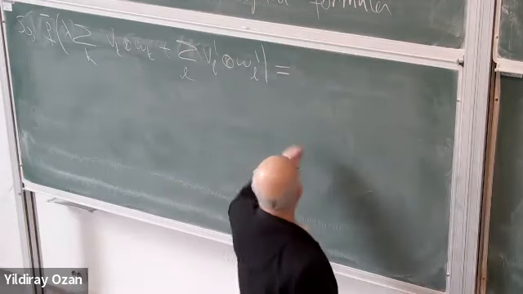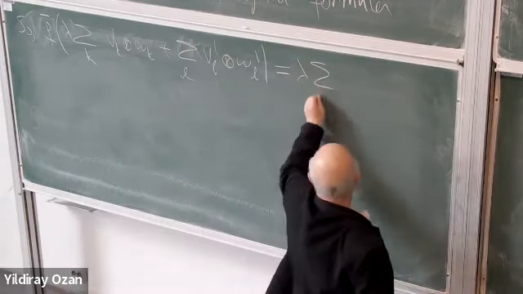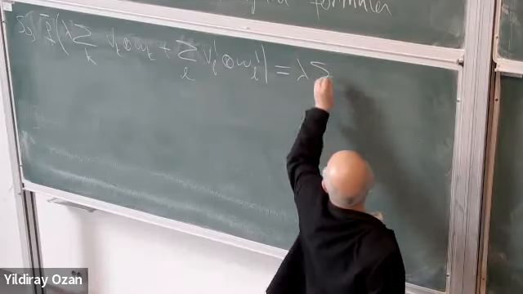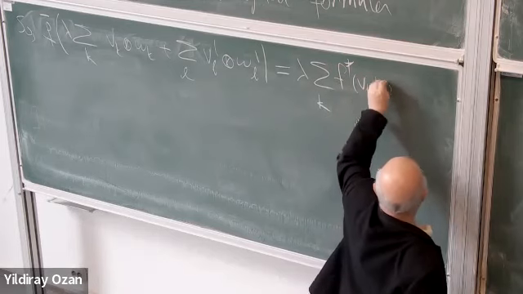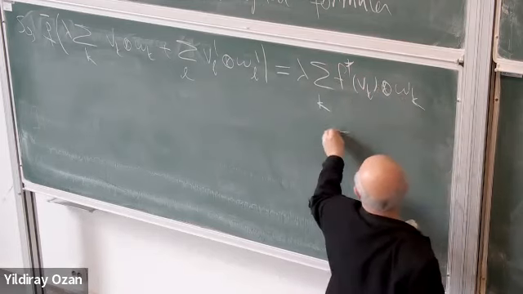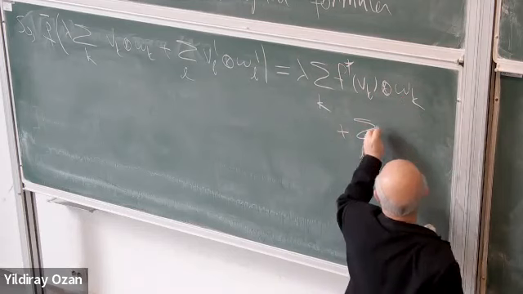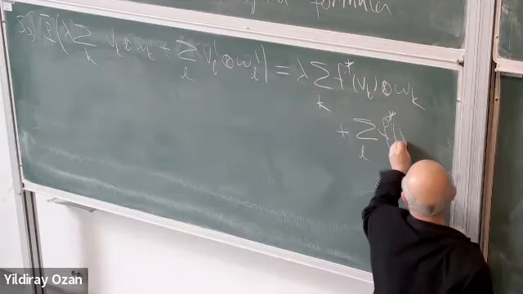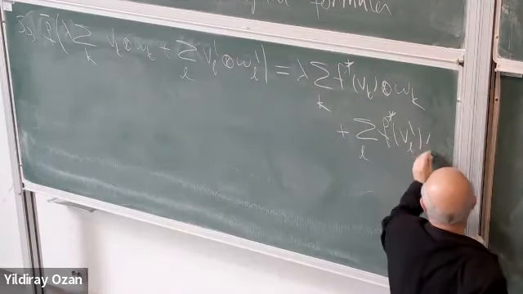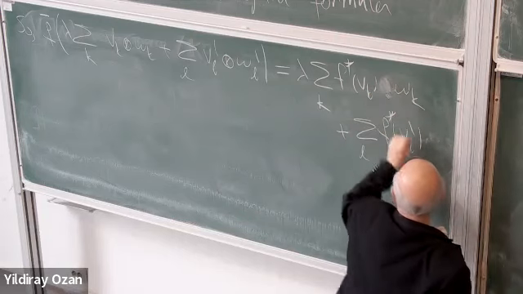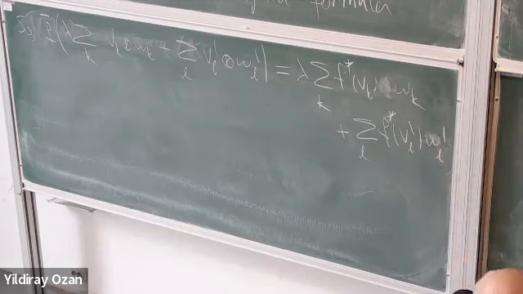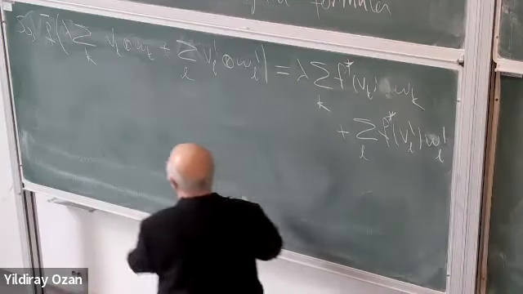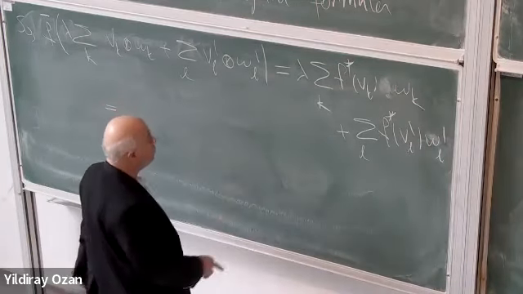I can take lambda outside. Plus, no, there's no product here. Just scalar product. Okay. Now, what is this digit equal to?